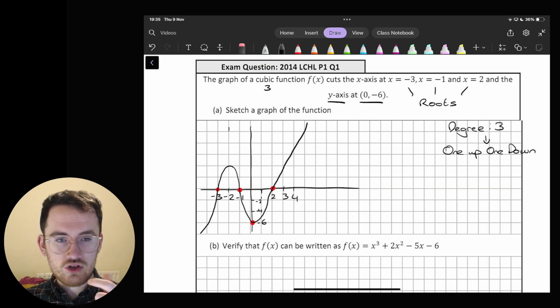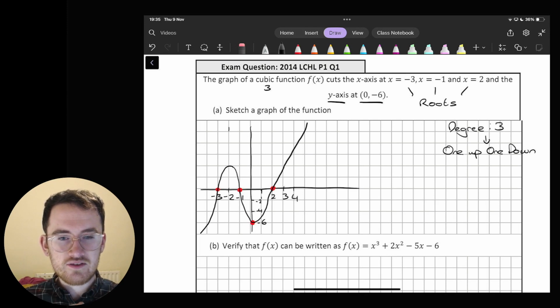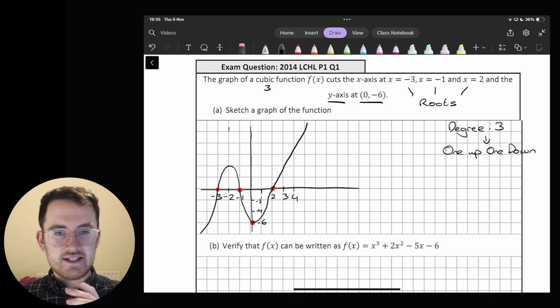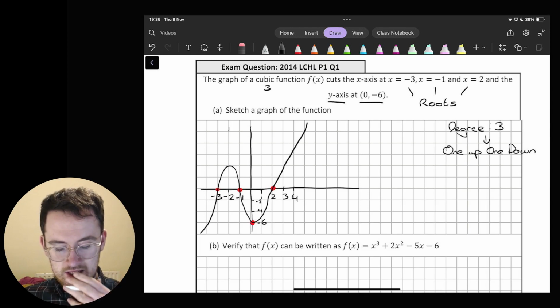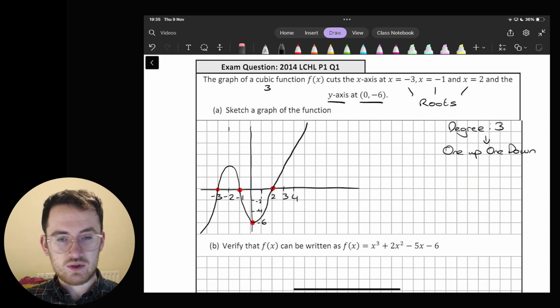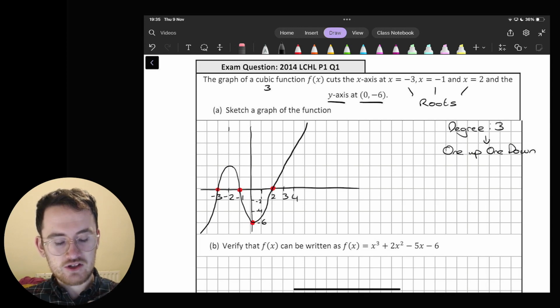So I know between those two roots it has to go down to minus 6. There's no way it could be coming in the other direction there. We know that between minus 1 and 2 it has to be down below the x-axis if it's going to hit the minus 6. So that just helps us to see which arm is going which direction.